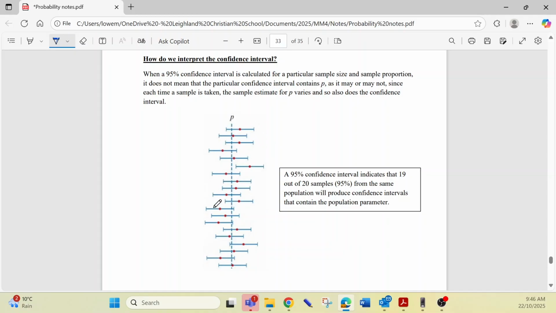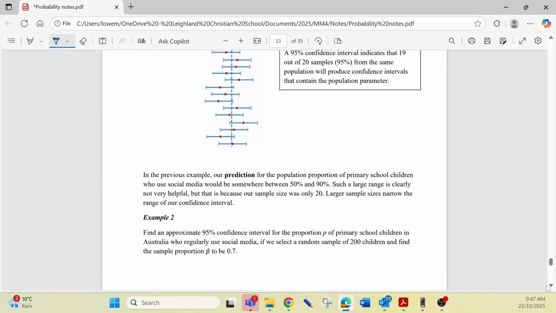Except for one, all of them contain the population proportion within that range. So 95% is 19 out of 20. 19 out of 20 will contain the population proportion or parameter.